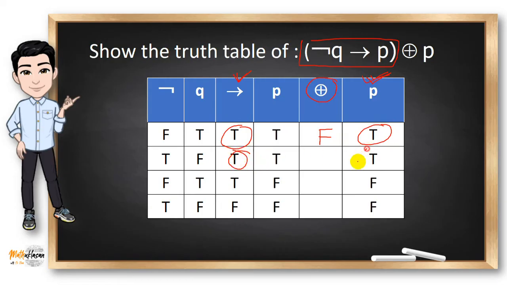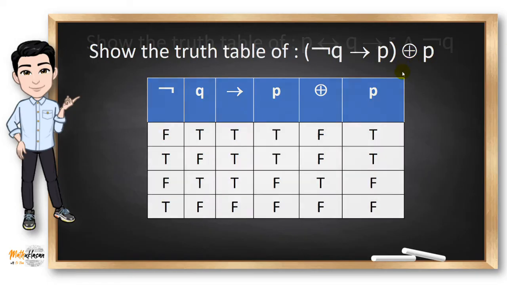True XOR true again, it's false. But for true XOR F, this is true. And F XOR F, the answer is false. And this is now the truth table of this compound proposition.